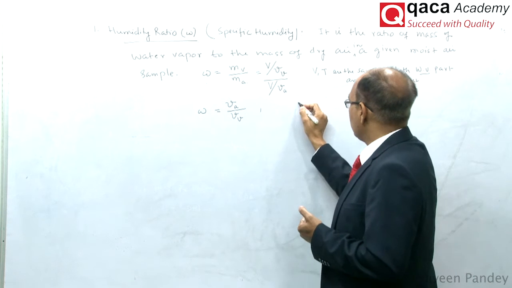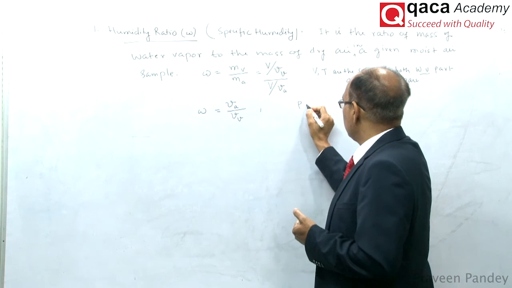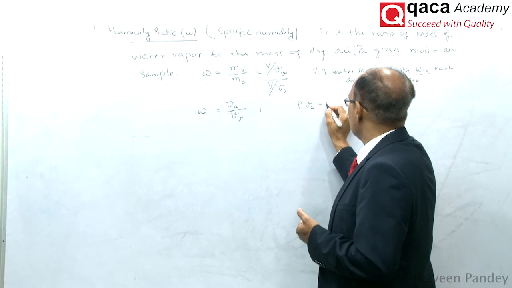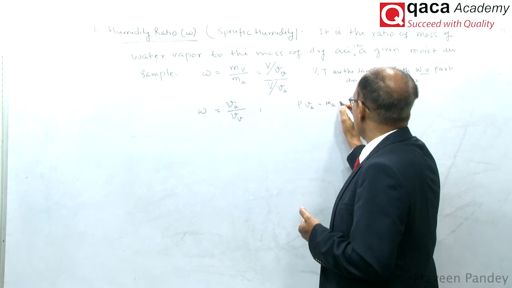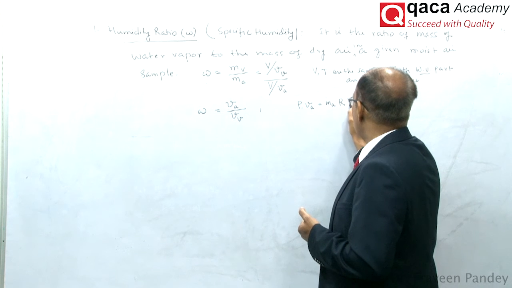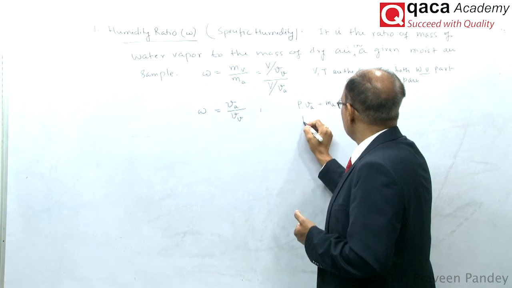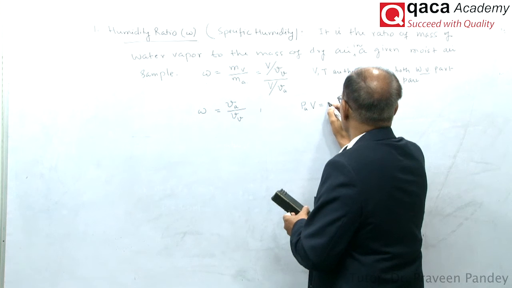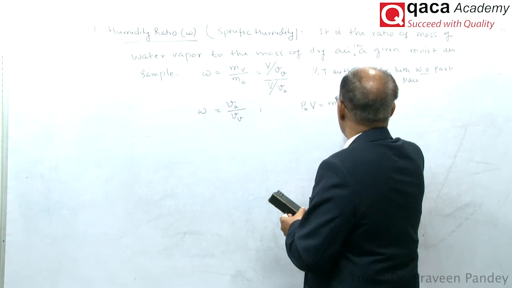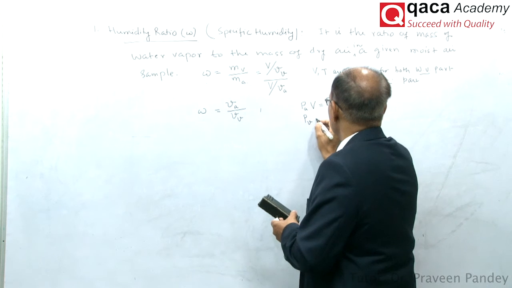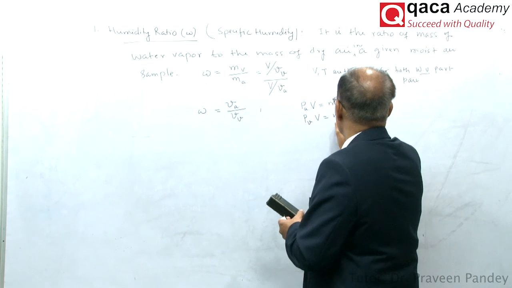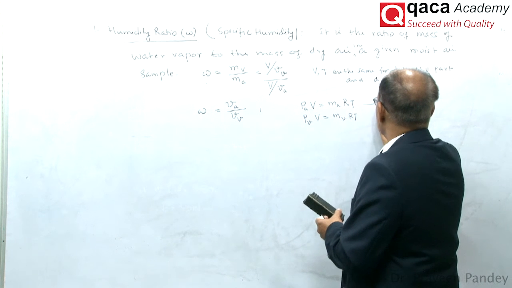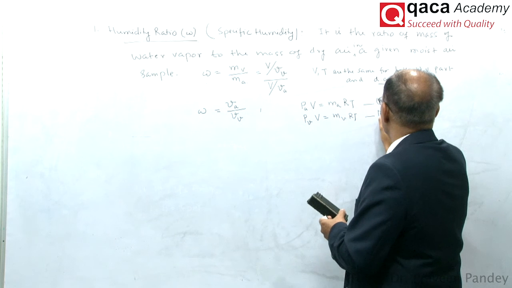So, from the ideal gas equation we can write P_A V = m_A R_A T, where P_A is the partial pressure of dry air, and P_V V = m_V R_V T. These are equation 1 and equation 2.